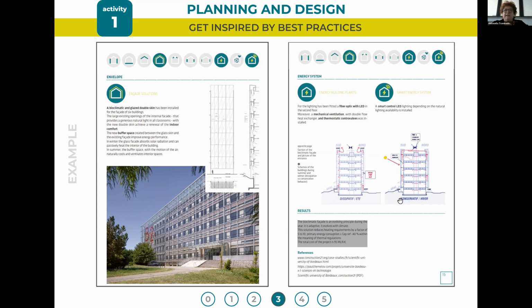And proposing a very integrated solution with the natural ventilation, with the implementation of the lighting. So searching for solutions implementing more than one benefit.